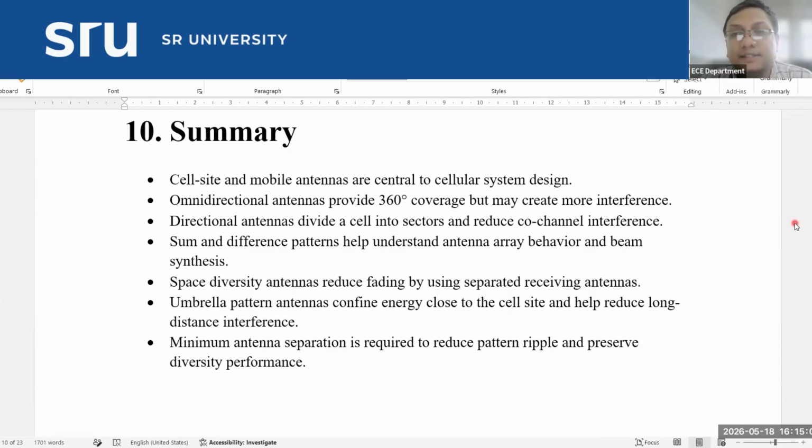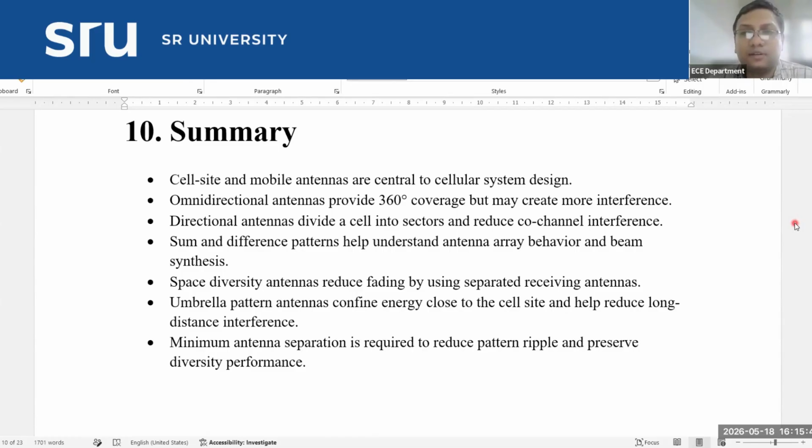Space diversity antennas are used to reduce fading by using separated receiving antennas. Umbrella pattern antennas are used to confine energy close to the cell site, and they help reduce long distance interference. Finally, we have learned that minimum antenna separation is required to reduce pattern ripple and preserve diversity performance.